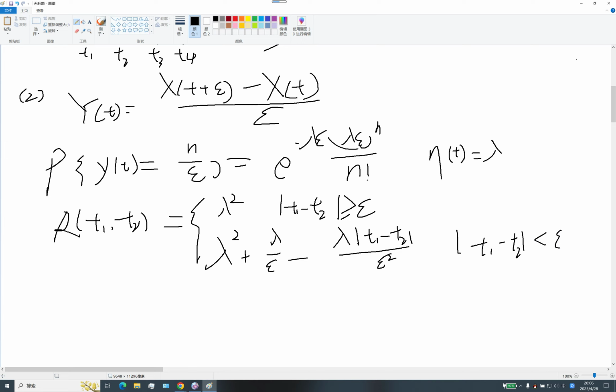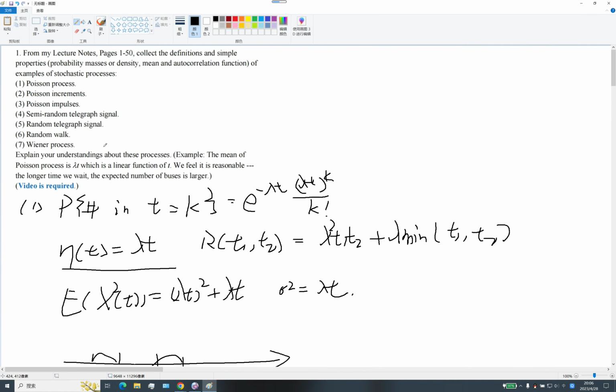So the Poisson increment process is just the increment of the Poisson process. We can see that η is λ, so it is independent of time. So this is the Poisson increment.